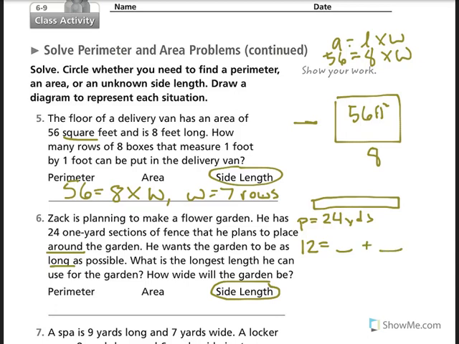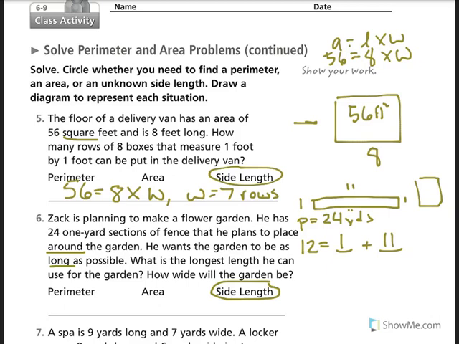So then I'm going to figure out what are different add-ins that add to 12. And I'm looking for something that's going to be long and skinny. So rather than doing something like 6 and 6, which would be very square-like, I'm going to aim for something long and skinny. So, well, I think the longest and skinniest one would be 1 and 11. And we can go ahead and check. We have 1 here, 11 there, 1 here, 11 there.